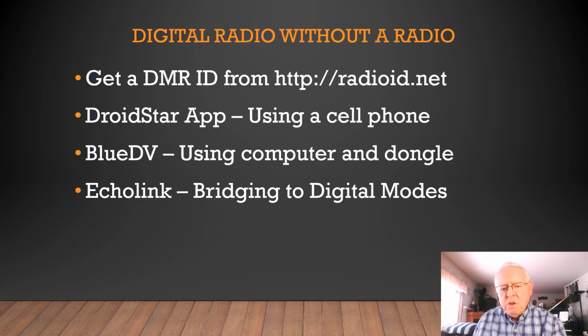And then there's a third way that if you want to get into some of the digital modes there on Echolink, which is a free program. You can download that, and some of the locations on there bridge over to some of these digital modes, so you will be able to access them that way as well.